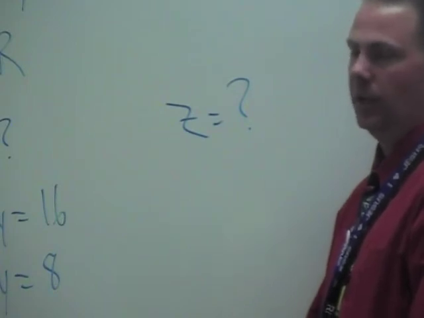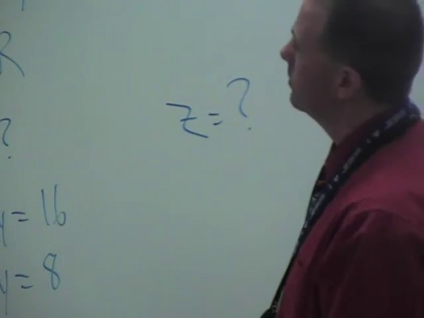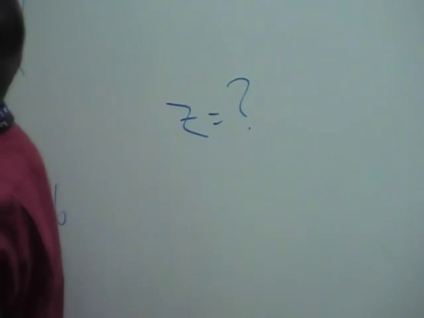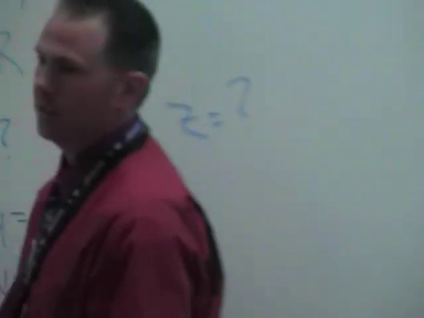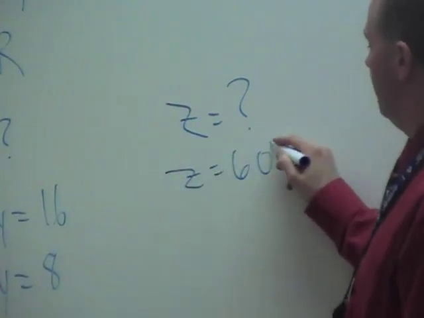Yep, they'll have to equal 180. And the 30 plus 90 equals 120. And that means 60 degrees is left. So that means this is 60. Yeah. So what does that tell you? There you go.